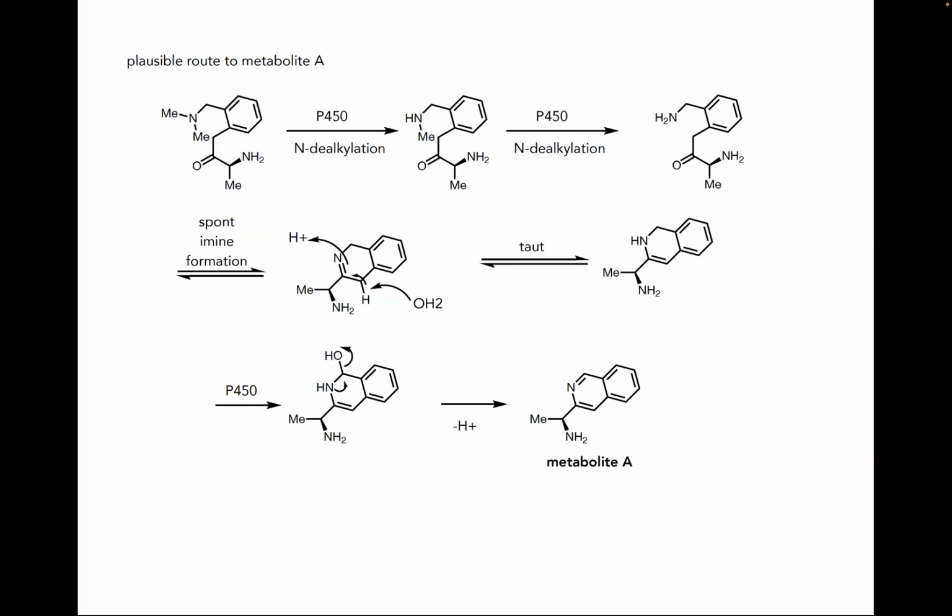And from your previous exam, what you'll know is once you get that aminol intermediate, that OH can then leave. After taking off an H with water, you're left with metabolite A. One thing I didn't mention at the beginning is that you see a stereocenter there, so use that as a guide.